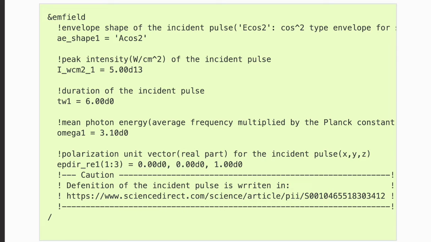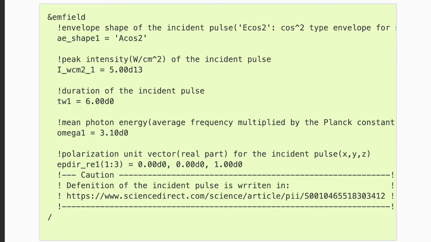tw1 equals 6.00d0 specifies that the length of time from the beginning to the end of the pulse is 6 femtosecond. omega1 equals 3.10d0 specifies that the average frequency of the pulse is 3.1 eV.